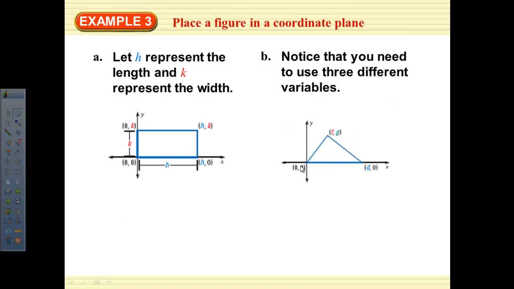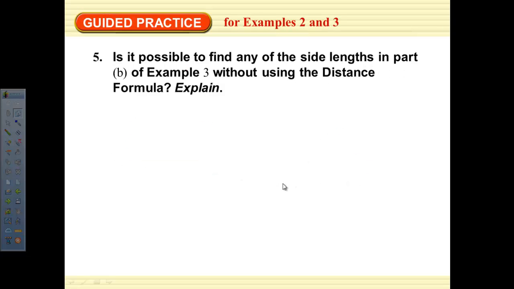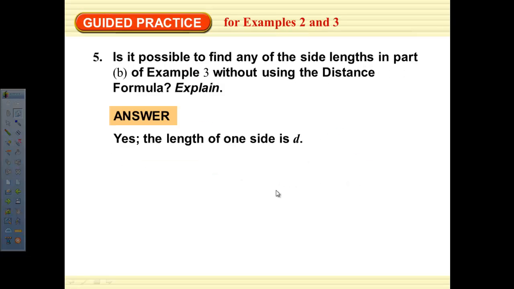Well, this length we would have to use the distance formula. For this length we would have to use the distance formula. But for this bottom one, we would be able to just use the distance from (0, 0) to (d, 0), which would be d. Similar to the way that from (0, 0) to (h, 0), the distance is h. So again, the distance would be d because it's horizontal. Horizontal and vertical distances, again, we don't need to use the distance formula.